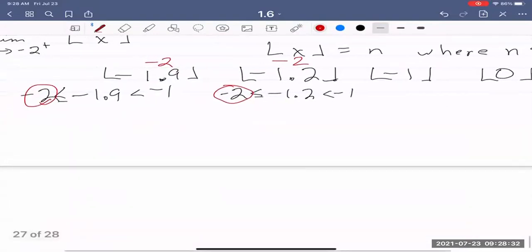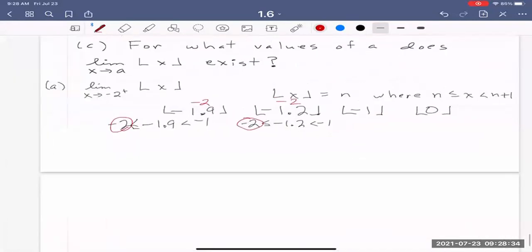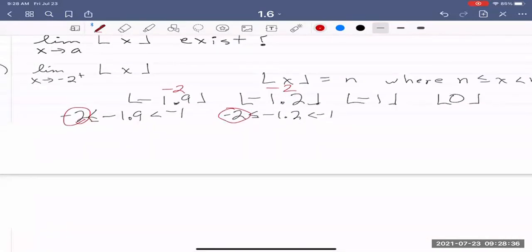Okay. Well, I'll take things at -1. Well, -1 is in between -1 and 0. It's equal to -1, so that's certainly a true statement.